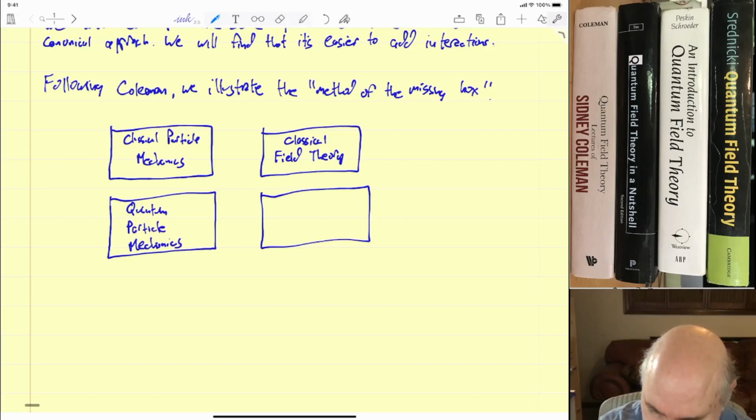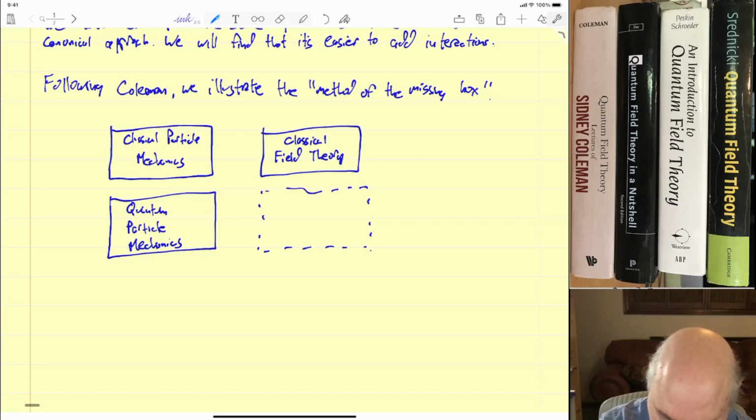And let me erase this. Just draw it with dotted, because this is what we don't have, and we call this quantum field theory, the holy grail of life itself.